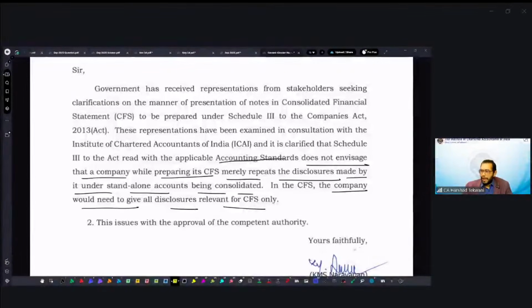And meanwhile, can anyone tell me under which standard you are required to report the other matter paragraph? Anyone? Very good, Radha. Yes. Anyone else? Under which standard you are required to report the other matter paragraph? No?